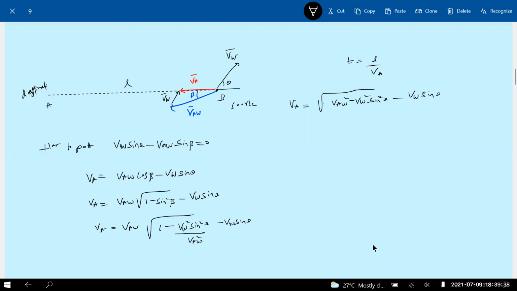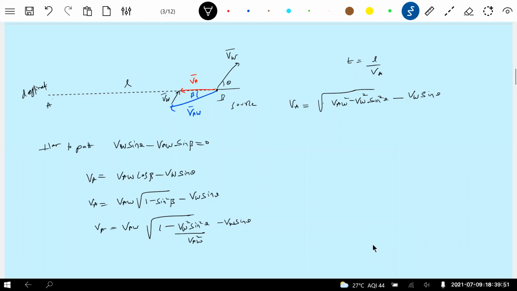It should be cos theta, sir, because the x component we should subtract. VW sin theta will give the y component, no. No, sir. Say the VW sin theta.